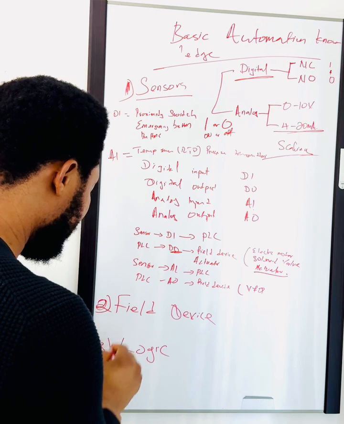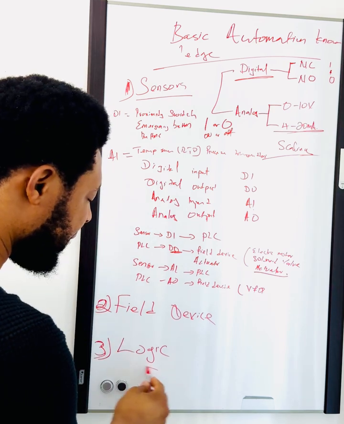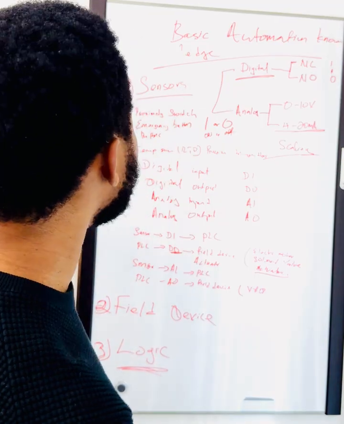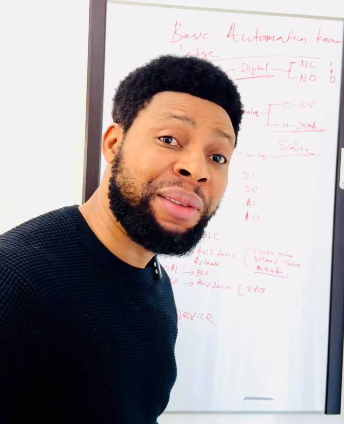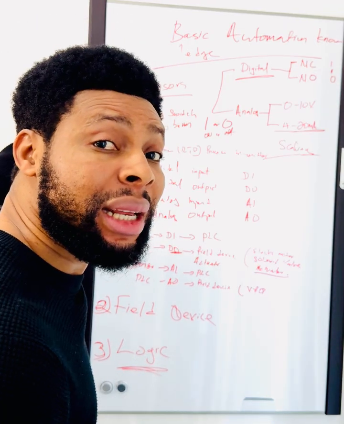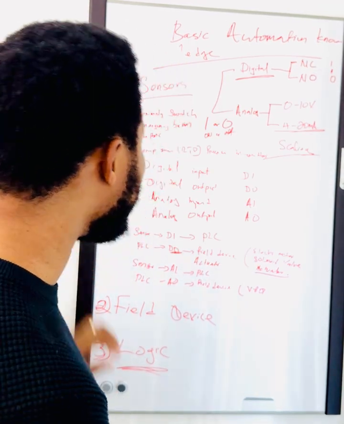With this basic knowledge of sensors, your feed device, and the logic. I've not explained this logic properly. I'm going to do it in a couple of minutes. But in any machine or process that you have, you need to know the sensors that are there and the feed devices that are there.